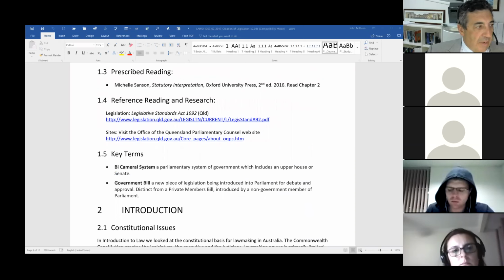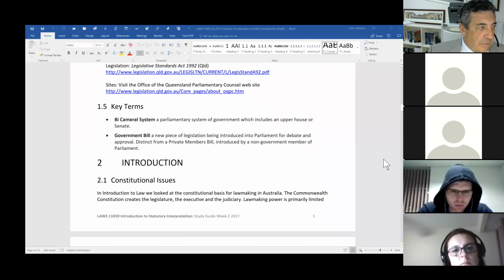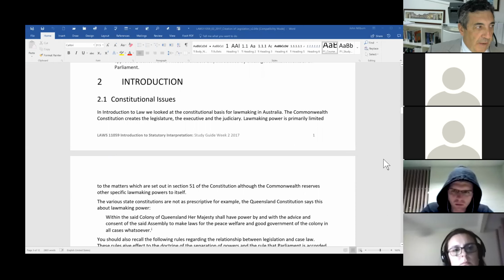Obviously, we need to understand the difference between the bicameral and unicameral systems of government that we have in the Commonwealth and in Queensland, respectively. Other states have bicameral systems. All of our parliamentary lawmaking power is sourced through constitutional power, both at the Commonwealth and state level.